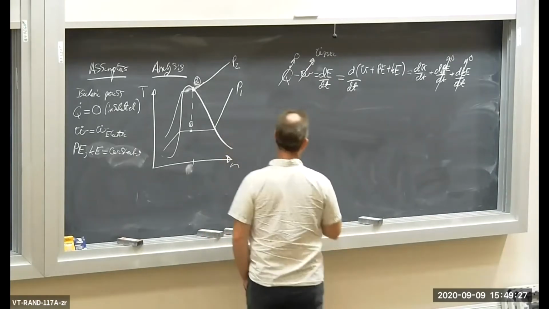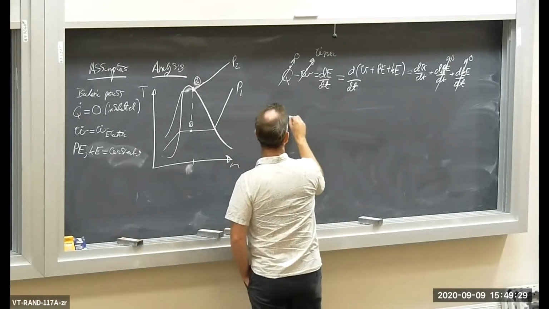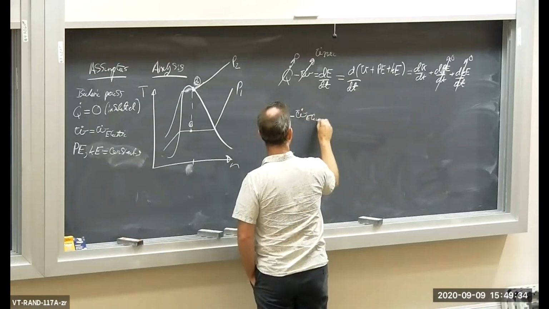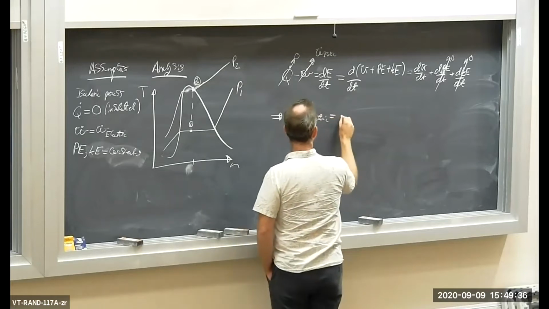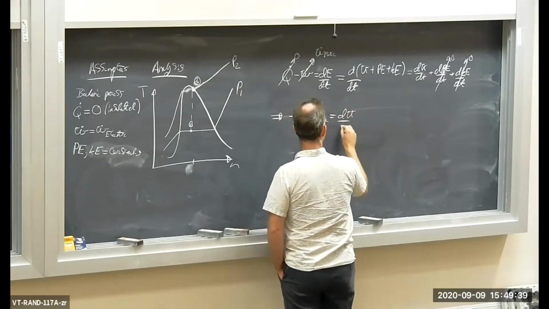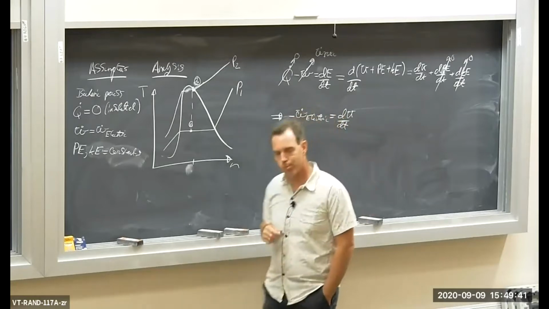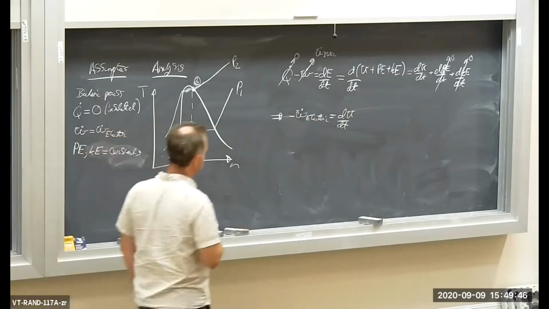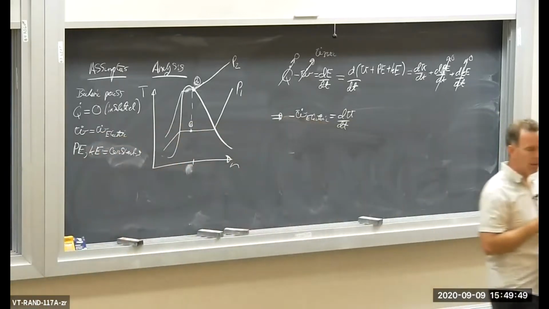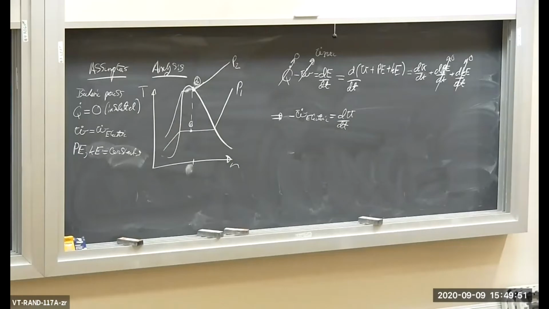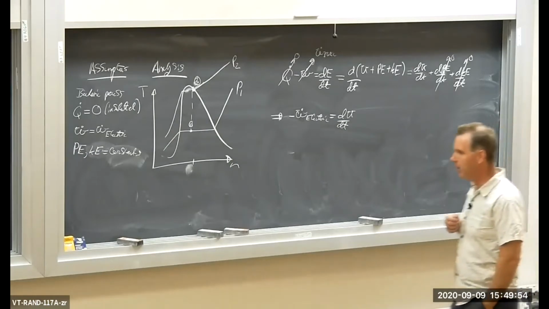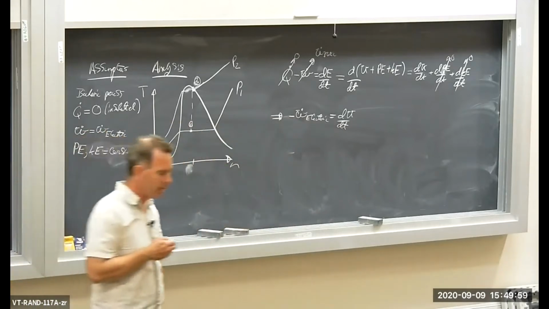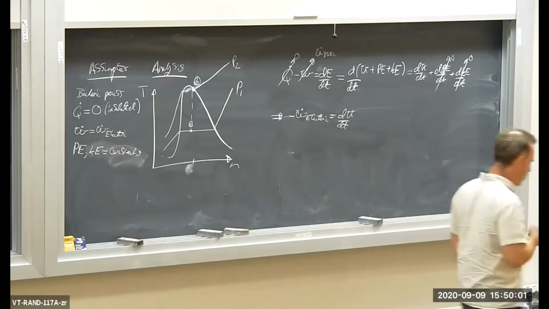Let's write my final energy balance here. I got negative W dot electric is equal to dU dt. Okay? We got a differential equation here, and I want to get a delta time, t2 minus t1, a change in time over the process.